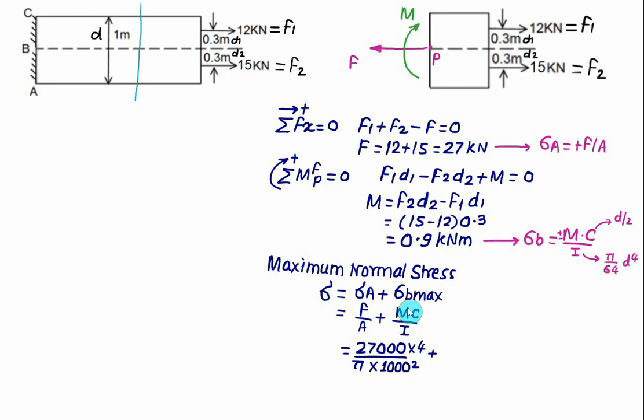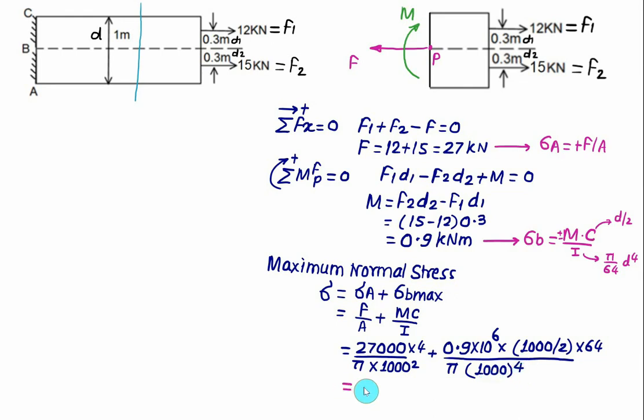Plus the bending moment M comes out to be 0.9 kilonewton meter, which is 0.9 into 10 to the power 6 Newton mm, multiplied by C. C is D by 2, and we have D equal to 1000, so we have 1000 divided by 2, and the whole thing is divided by the moment of inertia, pi by 64. So we have pi, and 64 will shift to the numerator. We have diameter equal to 1000 mm, and we have to take the fourth power of it.